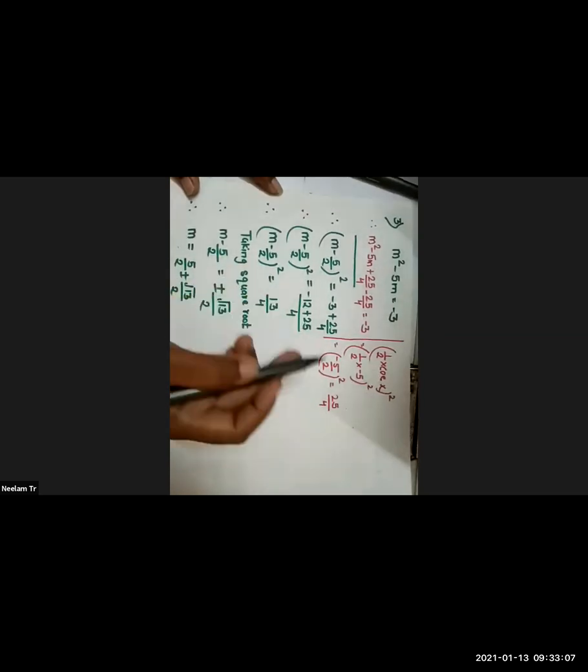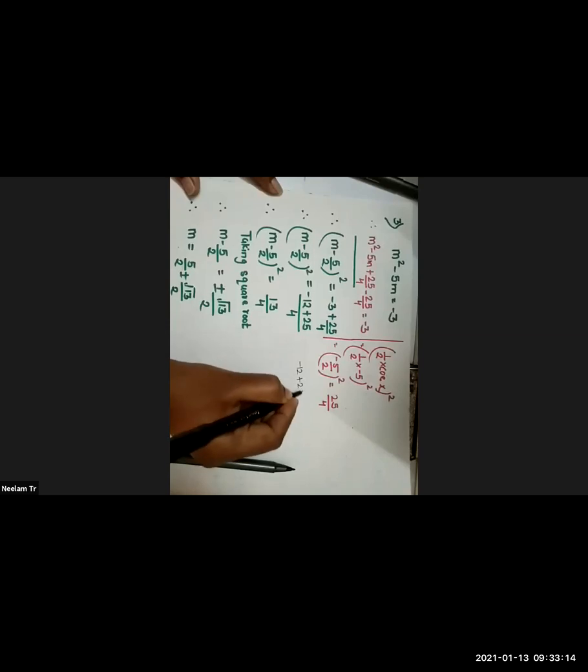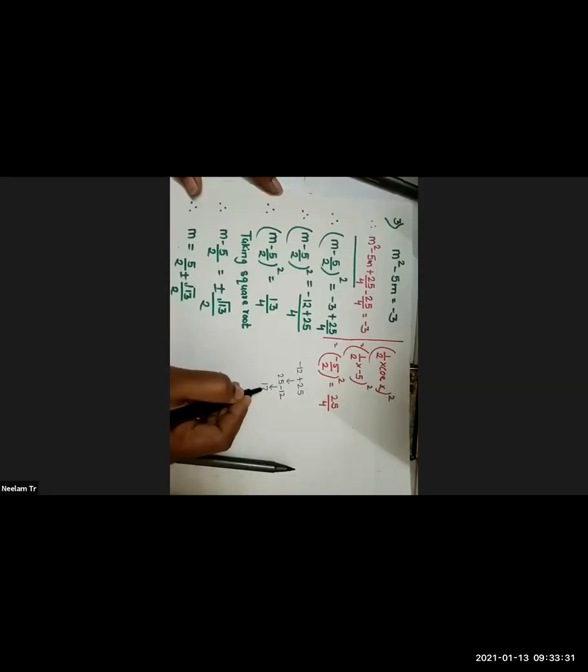When you solve minus 12 and plus 25, what will you get? 25 minus 12. Subtract 12 from 25. What value will you get? 13. Now you got it, how I got my 13?